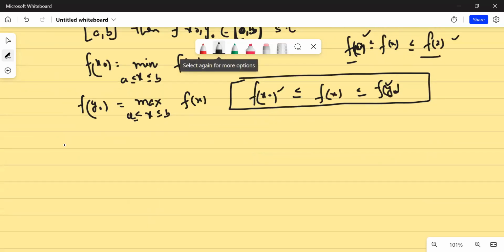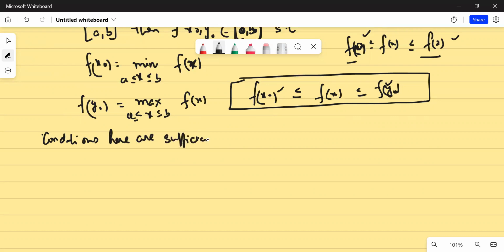Always remember that the conditions that I have given here are only sufficient. They are not necessary. What does it mean? I'll make you understand. The conditions here are sufficient, but not necessary. What does it imply?